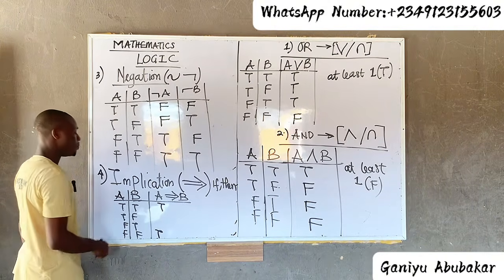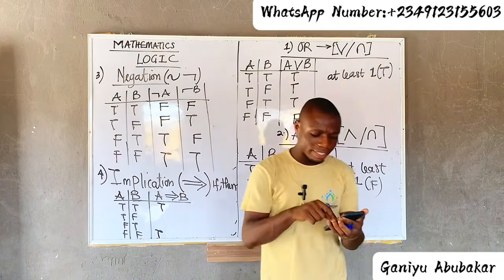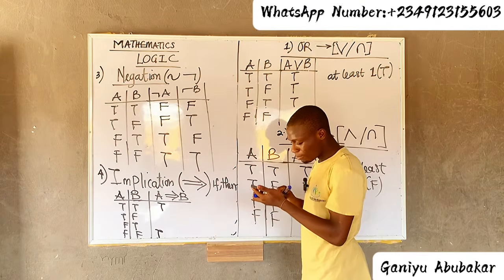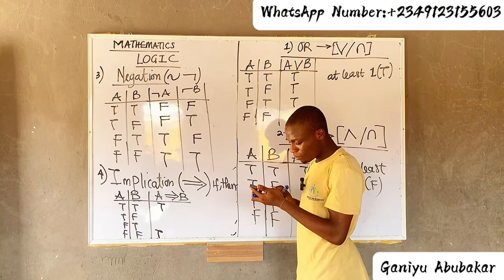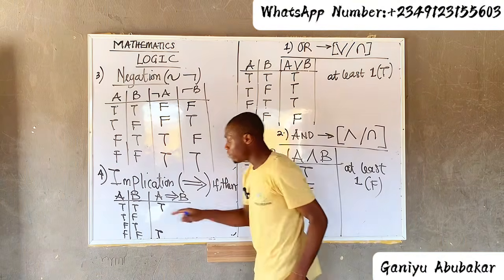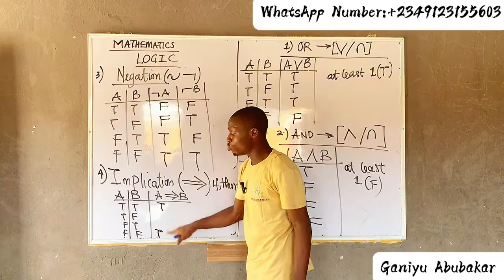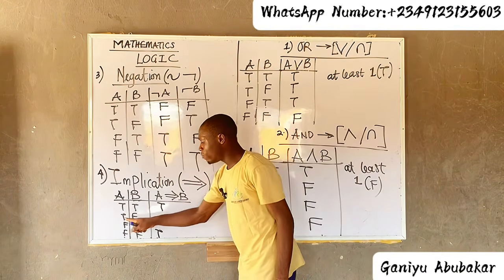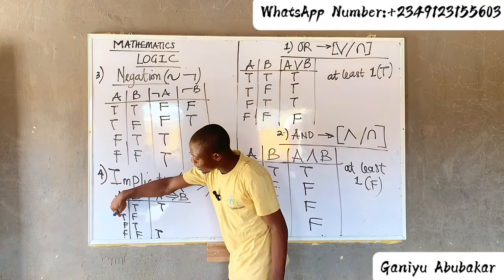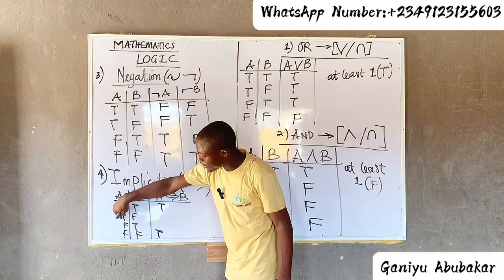Now when it comes to implication, the thing to note is that if I'm having a double like this, my answer becomes true. Now for a mixture of this nature, focus on what starts it. This is a T. T starts this.